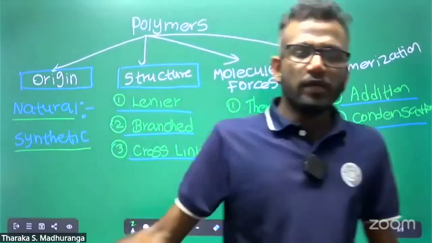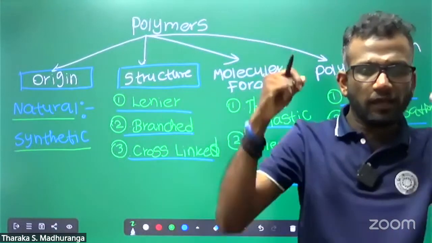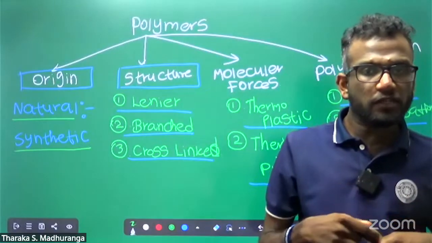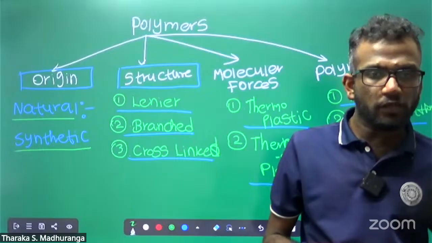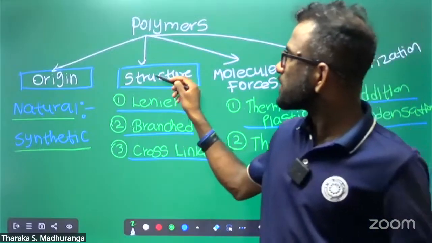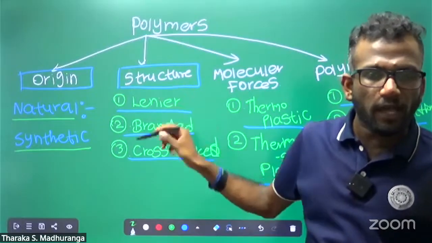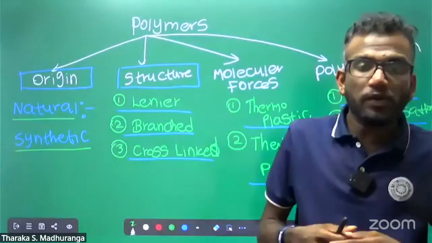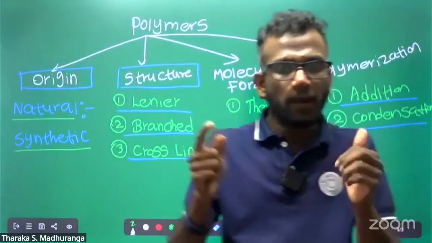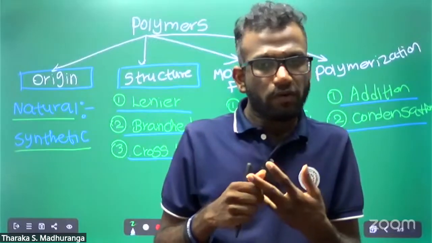Okay, what's the meaning of linear polymer? Do you remember the structures of proteins? I think you can remember. According to the structures, you can remember the polymer types by the structures of proteins: primary structure, secondary structure, tertiary structure, quaternary structure.